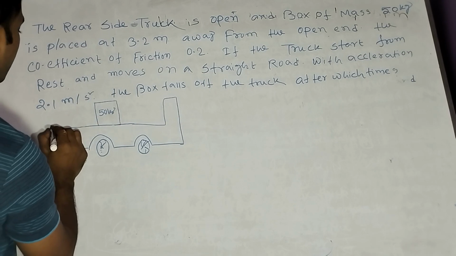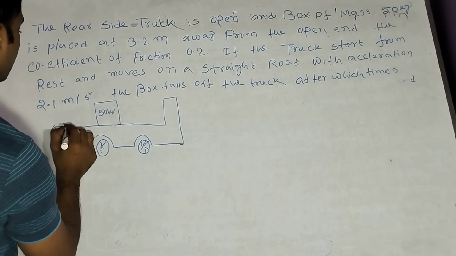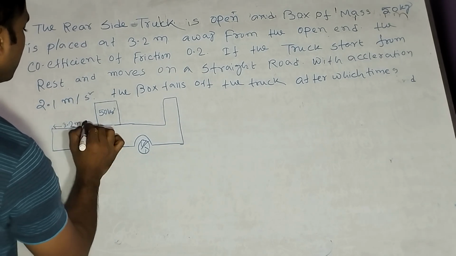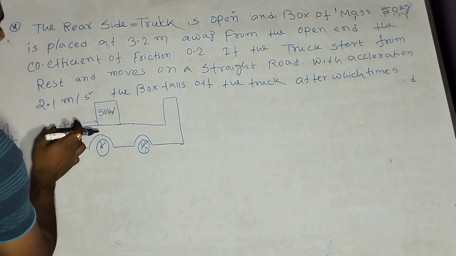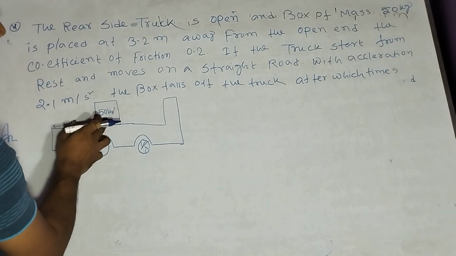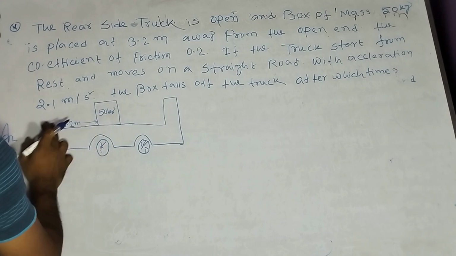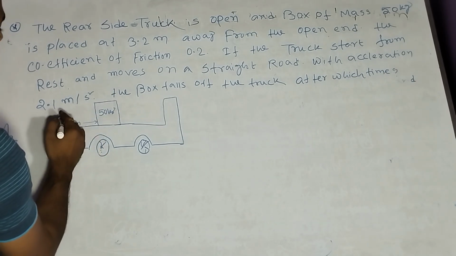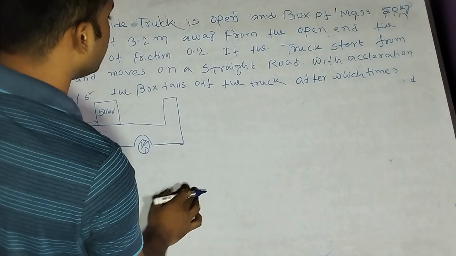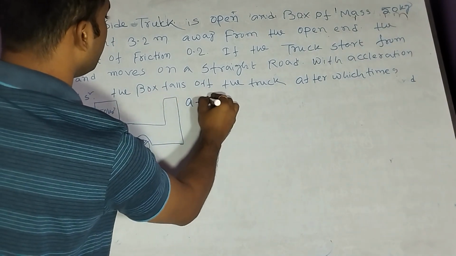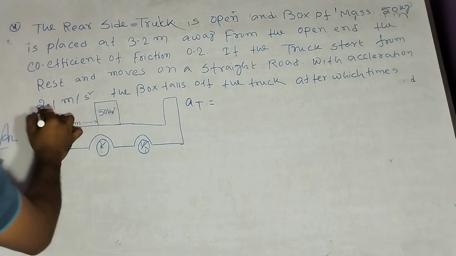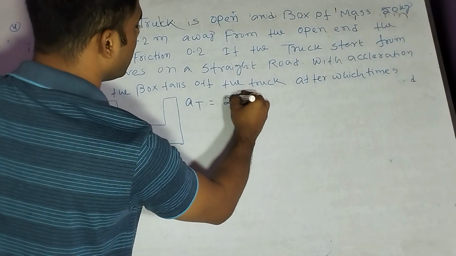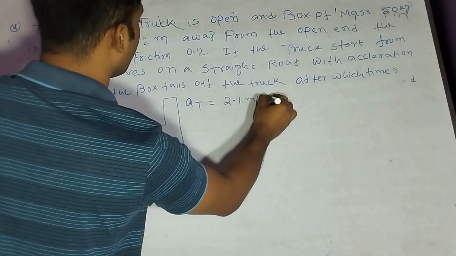Then the acceleration of the truck is also given. The AT value is given: the acceleration of the truck is 2.1 meter per second square.